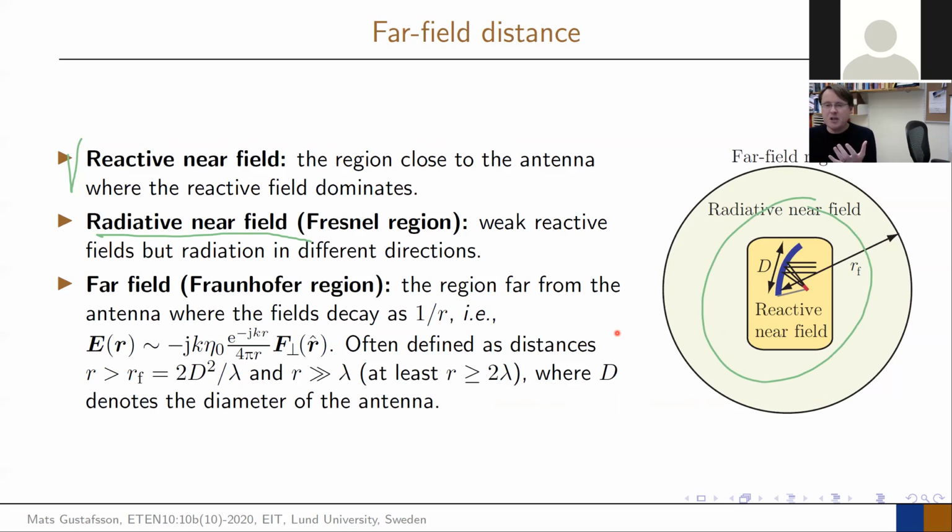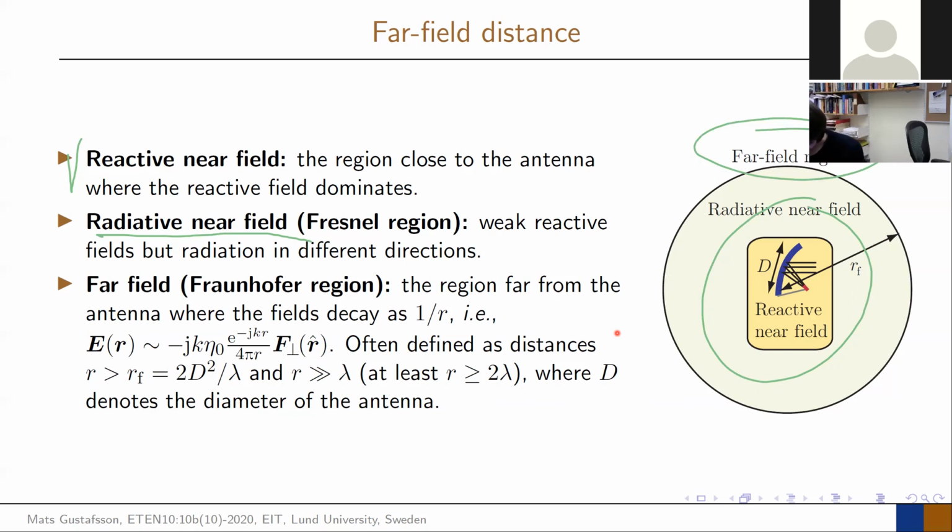But in some ways, you could say you have an angular resolution of your antenna. You are so close to it that you really clearly can distinguish different pieces of it. When you go to the far field, it just looks like everything is coming from the same point. And that is, of course, what you have outside here. That is the far field.